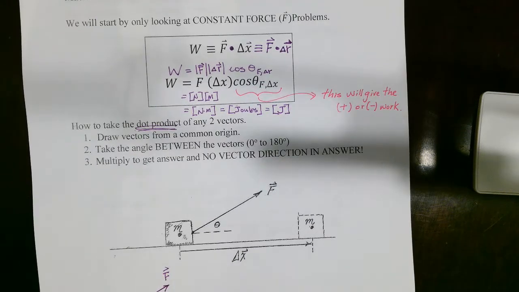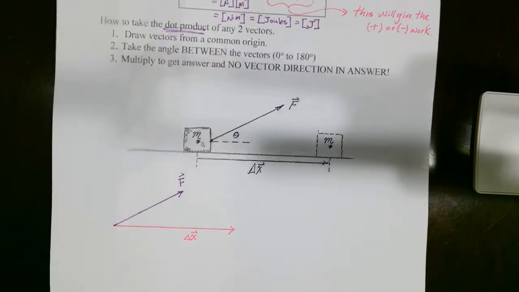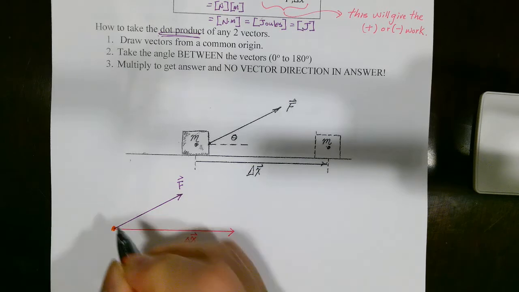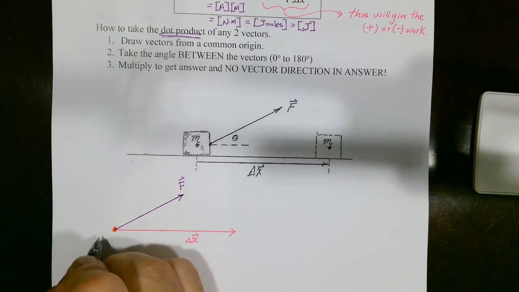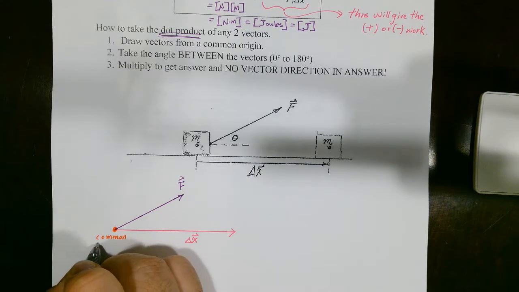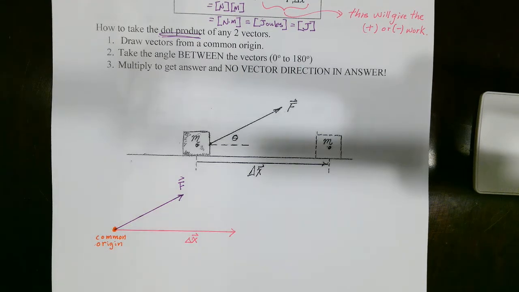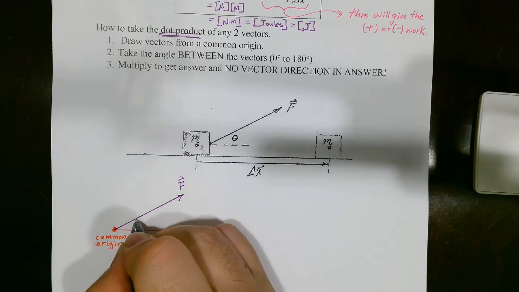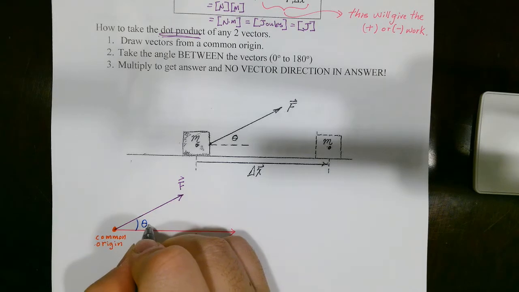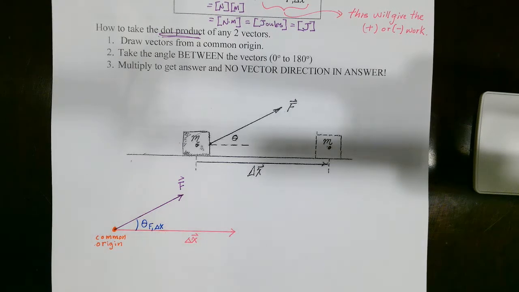Okay, so that's my displacement vector along the x-axis. Here is the common origin, and this is the angle theta between F and delta x.